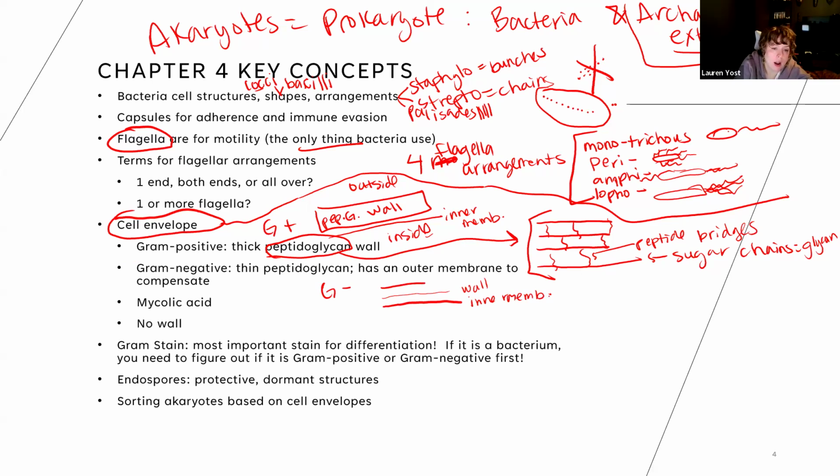And then an outer membrane, because that thin wall is just not enough to give them much structure. But that outer membrane is there to give added structure. Gram positives have the teichoic and the lipoteichoic acid to help with this big daddy wall, which gets so thick it's hard for the cells to manage. So teichoic and lipoteichoic acids are there to manage that.